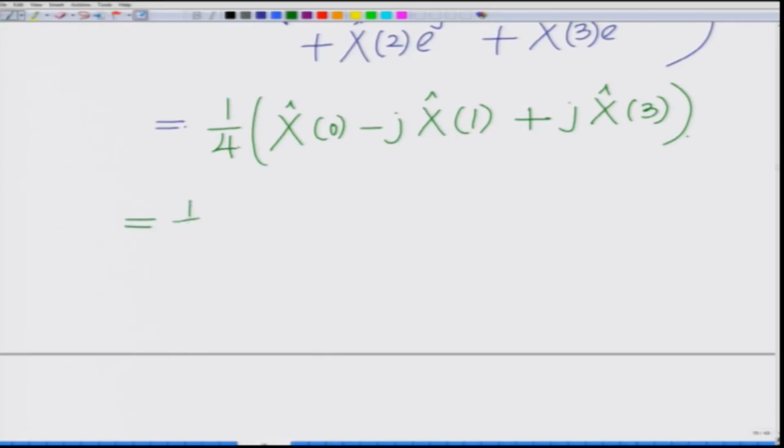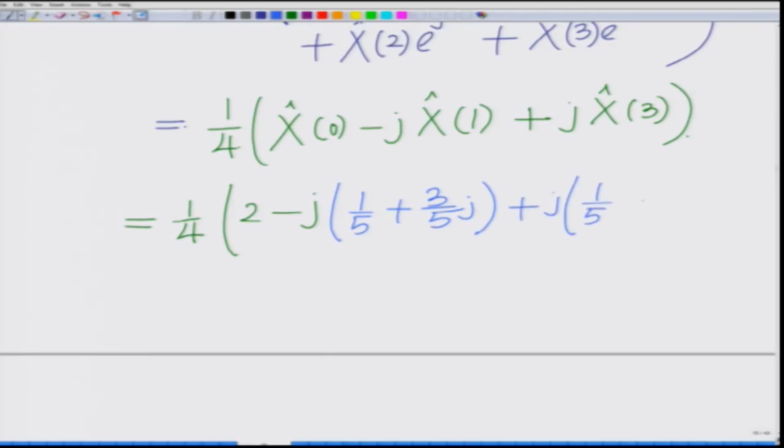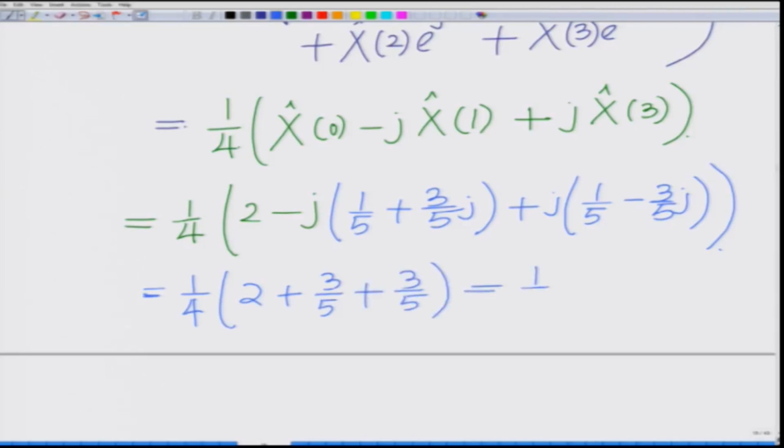And therefore, this is equal to 1 over 4 times 2 minus j times 1 over 5 plus 3 over 5 j plus j times 1 over 5 minus 3 over 5 j, which is equal to 1 over 4 times 2 plus 3 by 5 plus 3 by 5, which is 1 over 4 times 16 divided by 5 equals 4 divided by 5.